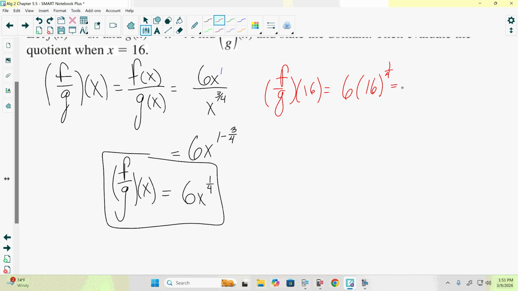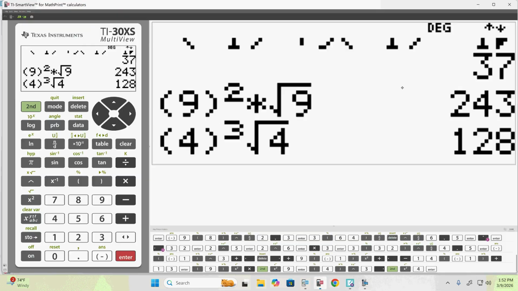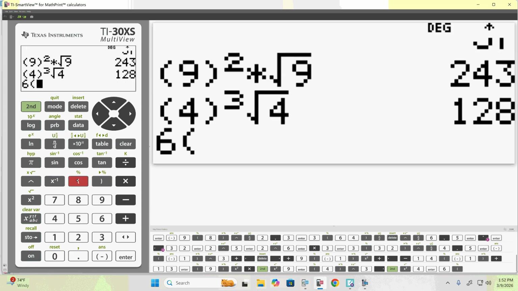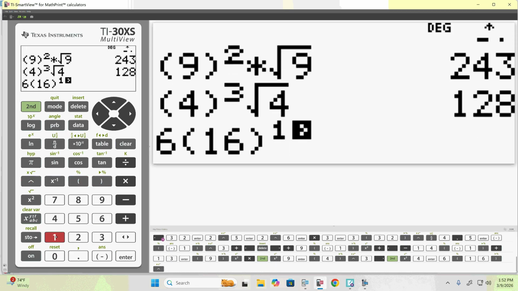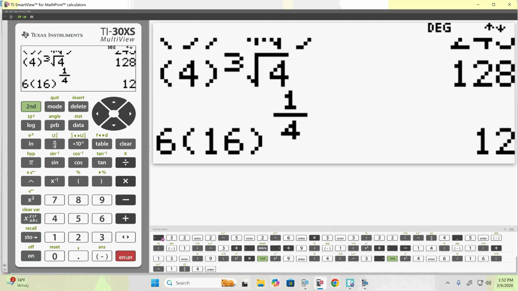One-fourth power. Really all it's saying is, what times itself 4 times is 16? Which is 2. Or we can plug in 6 times 16 to the 1/4, which is 12.